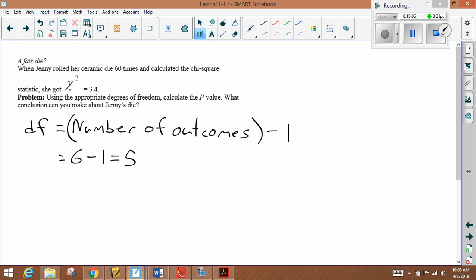Alright, so because of this, we're going to have a p-value greater than 0.25, right? What does that mean? If we have a p-value greater than 0.25, we put that into context, right?